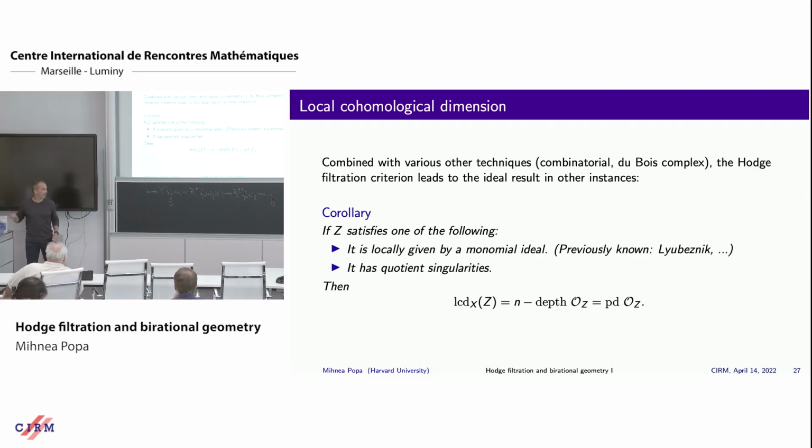If you have a hypersurface, like in the case of the Hodge filtration for hypersurfaces, the Hodge ideal, exactly, yeah. So there's a theorem that Mircea and I proved, that was proved first by Saito for quasi-homogeneous singularities.